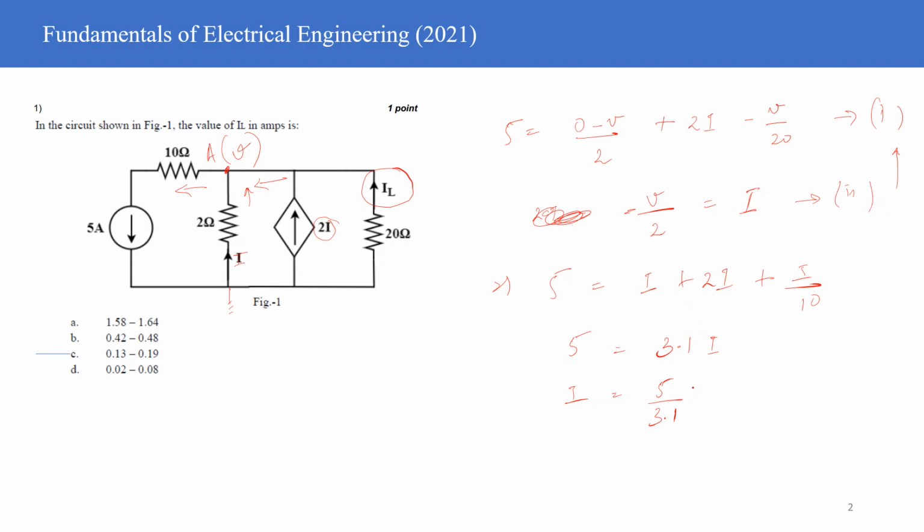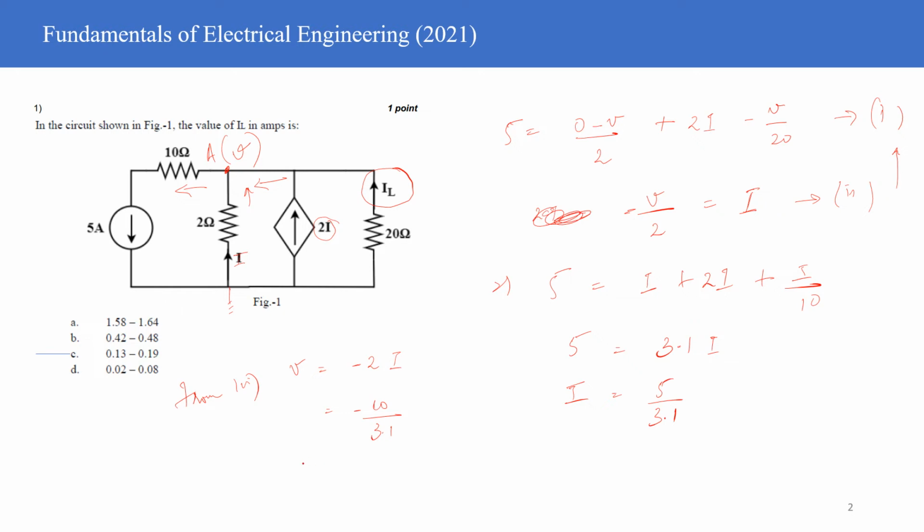And if you have this, then you can determine the value of IL also, because if this is I, then I know that my V is nothing but, from equation number 2, V is nothing but 2 times I with a negative sign, right? So you can have the value of V as 10 divided by 3.1 with a minus sign, right?